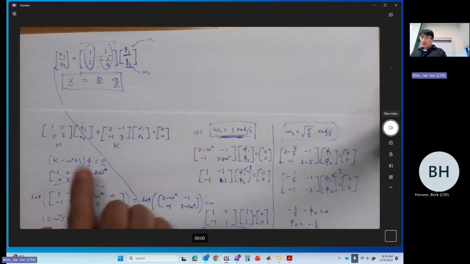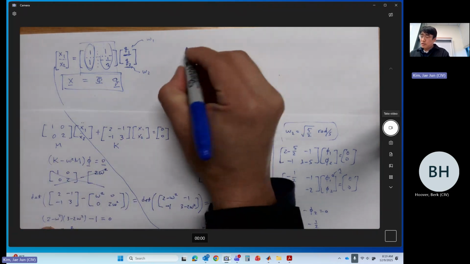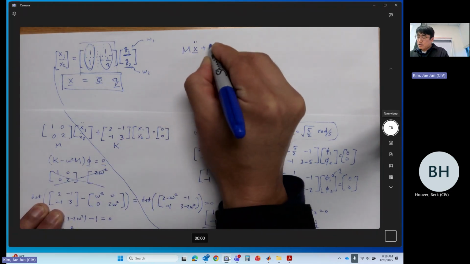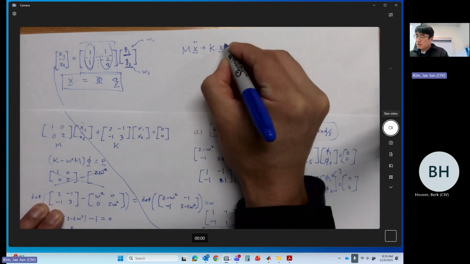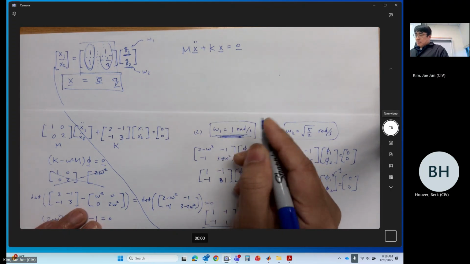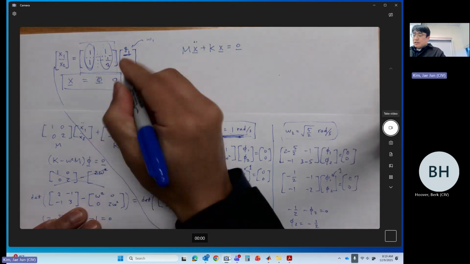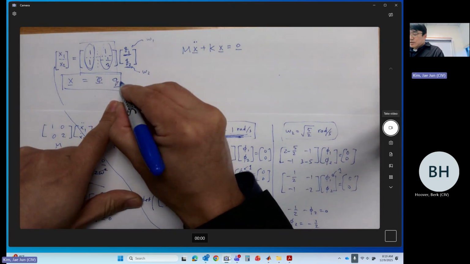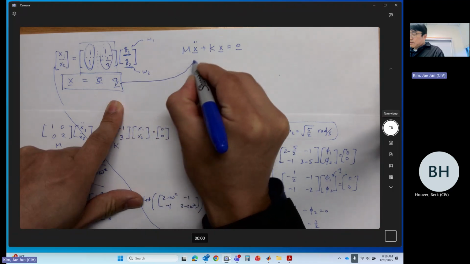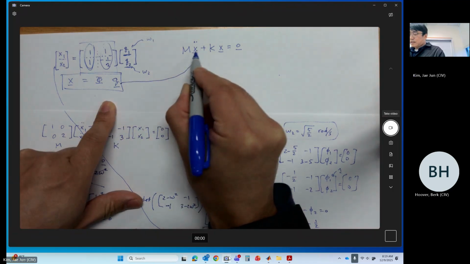Right? So our original equation was written as M x double dot plus K x is equal to 0. And then we substitute this back into x.